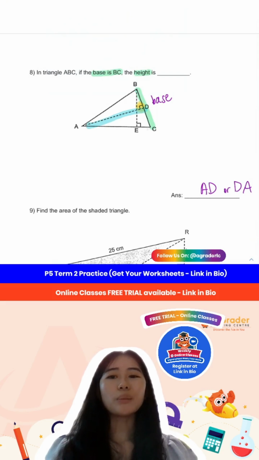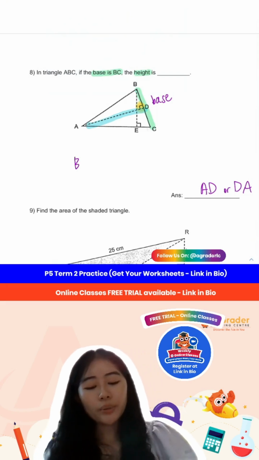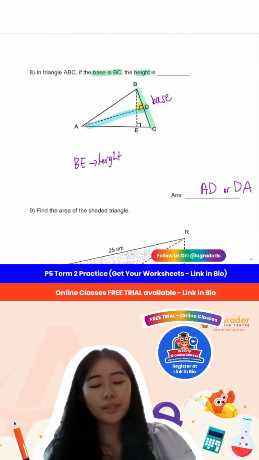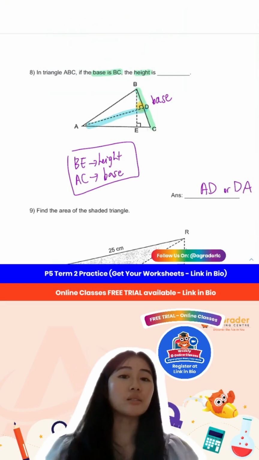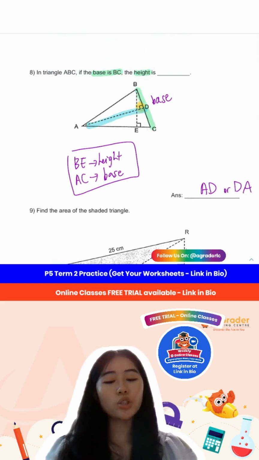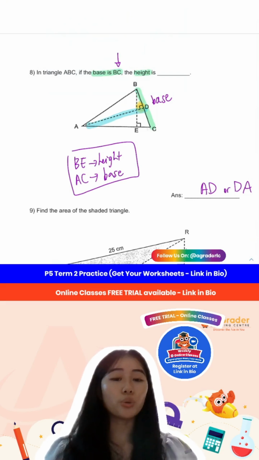Some of you say BE is the answer, but BE is not the height in this question. If you want BE to be the height, that means that your base is actually AC. So this is another possible answer. However, because the question already told you what they want the base to be, you cannot use this other combination.